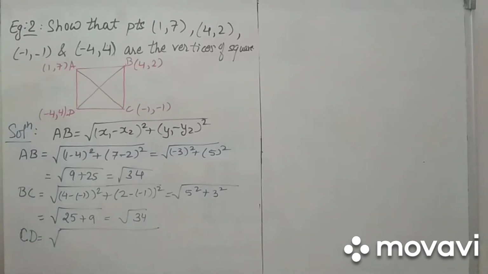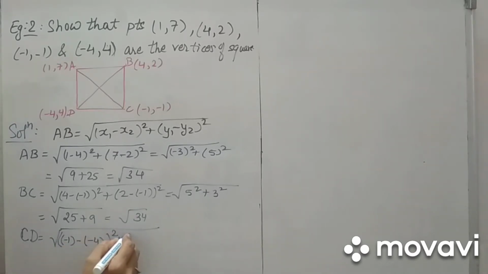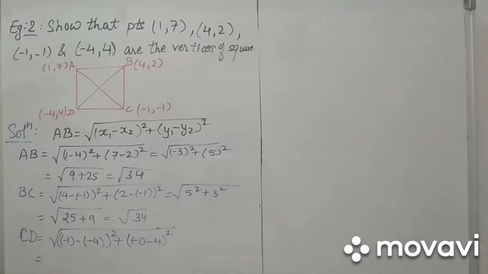So here also we will proceed in the same manner. Minus 1 minus 4. You can see here 3 minus signs are there. Plus then minus 1, formula minus and 4 square. Here minus multiplied by minus gives 4.